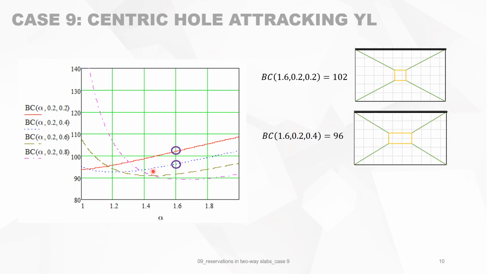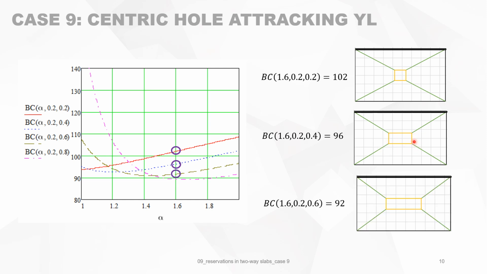Then we can have a second look at the blue dotted line, where D2 is 0.4. So you see, I keep the smallest dimension of the reservation as 0.2, and I keep the 1.6, and then the other dimension is 0.4. So you get a reservation like this.